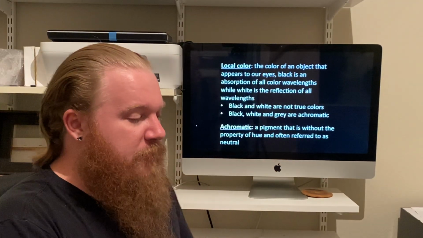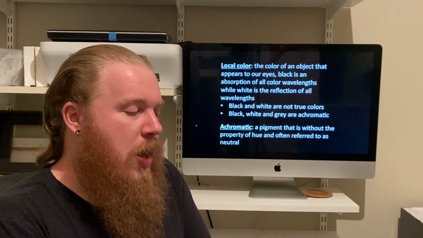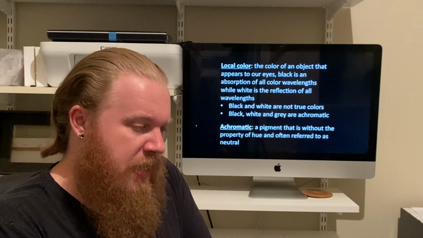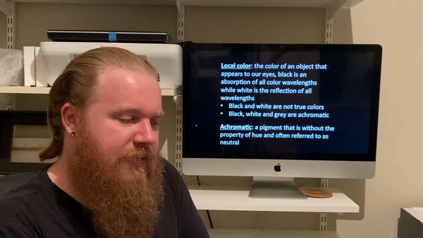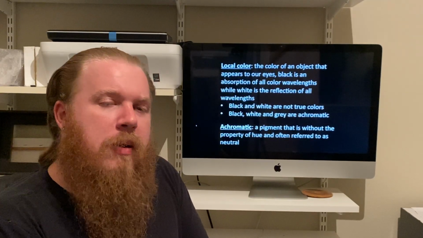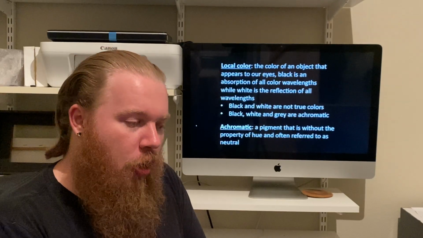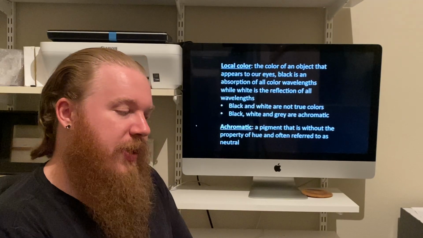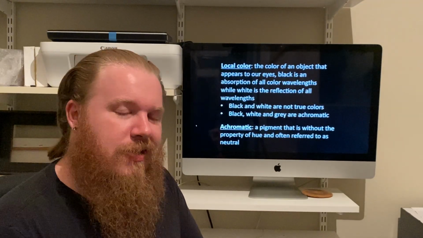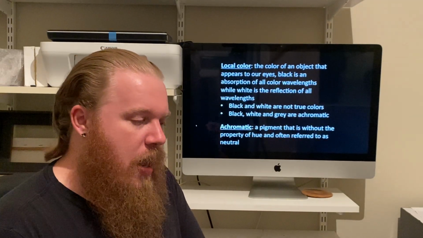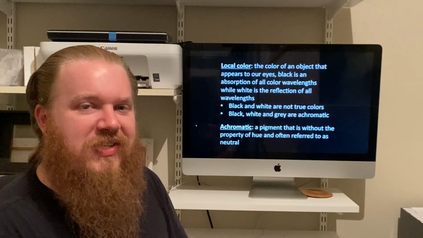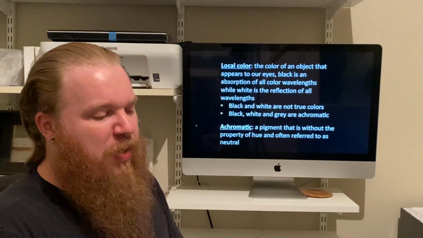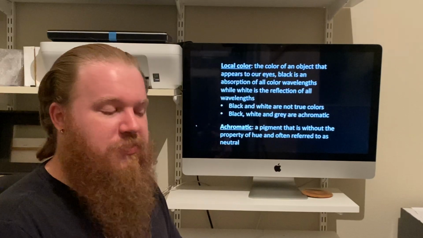Now, aside from that, we can also refer to what's known as local color, and that is the color of an object that appears to our eyes. Black is an absorption of all color wavelengths, while white is the reflection of all color wavelengths. So black and white are not considered to be true colors. Black, white, and gray are seen to be achromatic, but they can influence colors themselves.